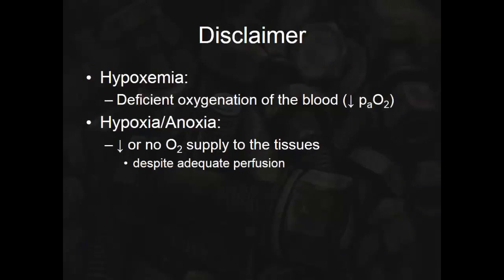But hypoxia and anoxia is poor delivery of oxygen to the tissue despite adequate perfusion. So you can imagine ischemic gut to be a hypoxic issue, local in the gut, but someone who has low oxygen saturation to have hypoxemia, okay, global, low oxygen content in the blood.